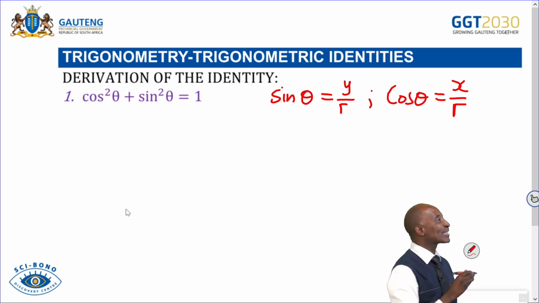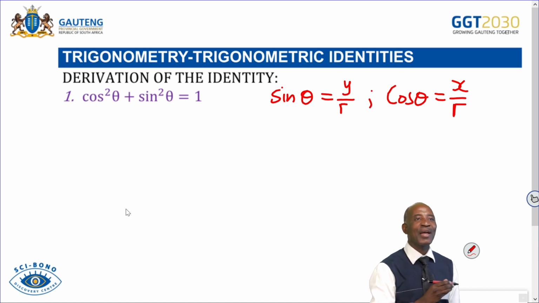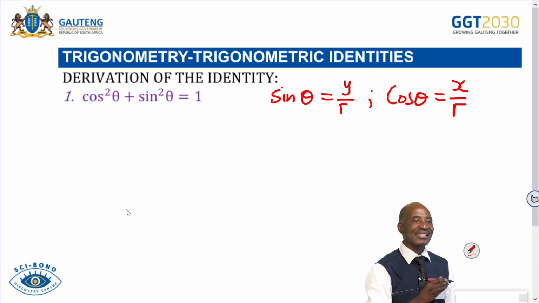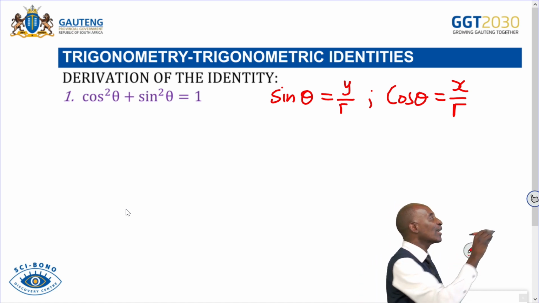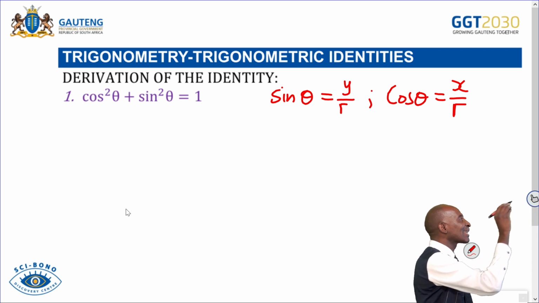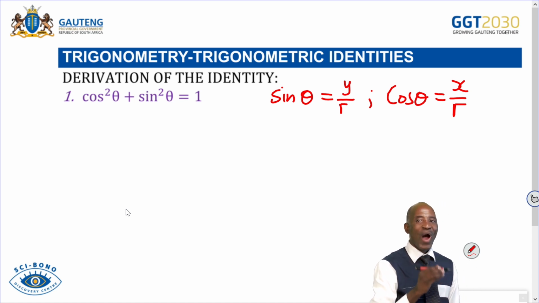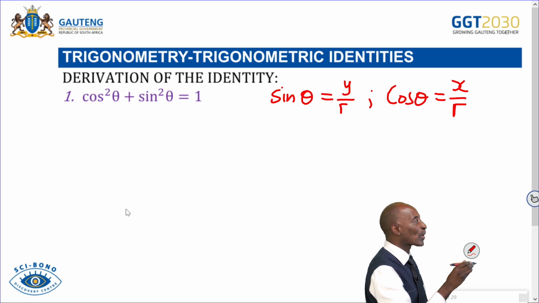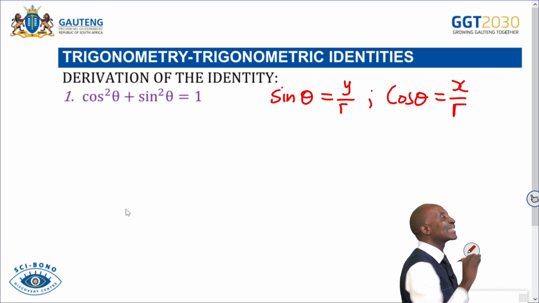We are going to derive today our identity cos squared theta plus sine squared theta is identical to 1. In other words, when you say cos squared theta, cos squared of an angle added to sine squared of the same angle, the answer is always 1. Why is the answer always 1? Right. We are going to have a look at how we derive this so-called identity.